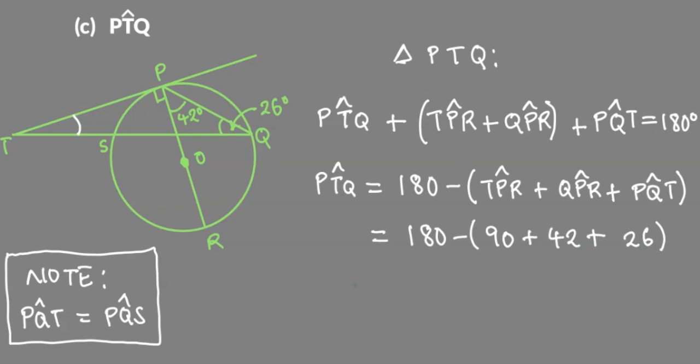And now we're going to find the difference between 180 and the sum of these numbers. 42 plus 26 is going to give us 68, and then if we add the 90 and the 68, we're having 158. So that's what we're going to be subtracting from 180, which is going to give us 22. So angle PTQ is equal to 22 degrees.